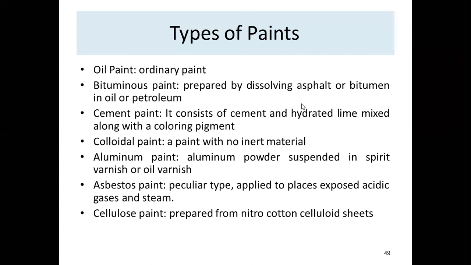Now we are going to discuss the various types of paints in the market. Various types of paints are available: oil paint, bituminous paint, cement paint, colloidal paint, aluminum paint, asbestos paint, cellulose paint, enamel paint, anti-corrosive paint.